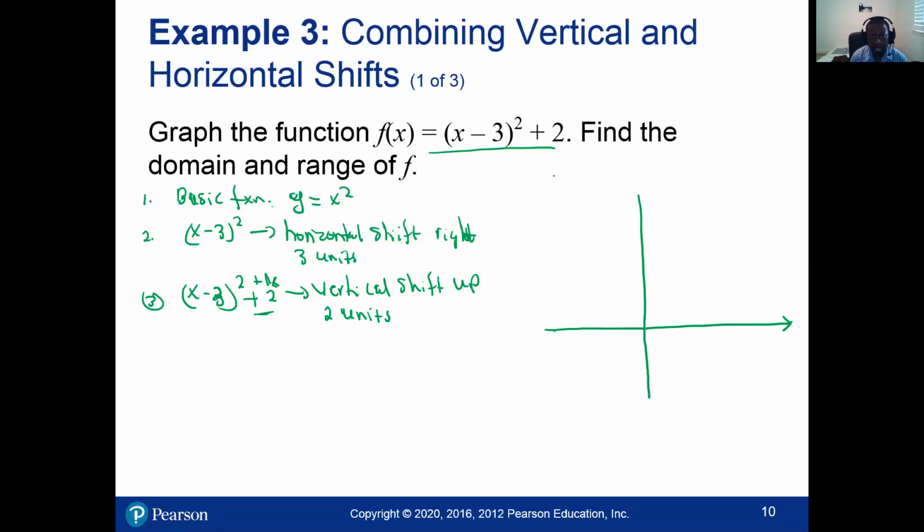Now, let us see how we proceed. Okay, first, let's draw the basic function here, which is what? X squared. Okay, x squared passes through the origin. So this is 1, 2, 3, 4, right? So every point is going to move, the second step here, every point is going to move to the right 3 units.